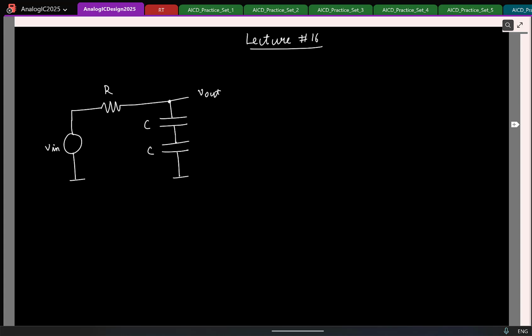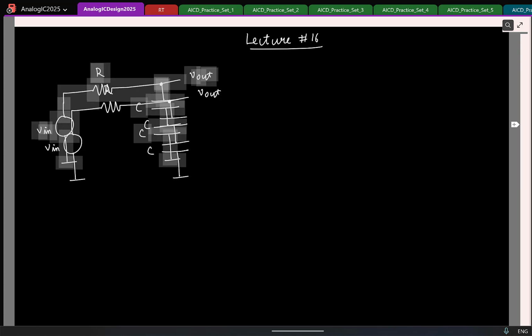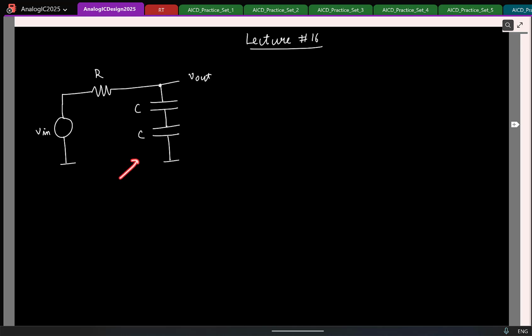If we go by our basic logic, how many poles should I have technically? 2 poles. And how many zeros can I have here? 1 zero, because I can short one of the capacitors. But of course, as you know, you can simplify this to a single capacitor, so this results in effectively a 1 pole system. And we argued that the additional pole and zero were actually cancelling each other.